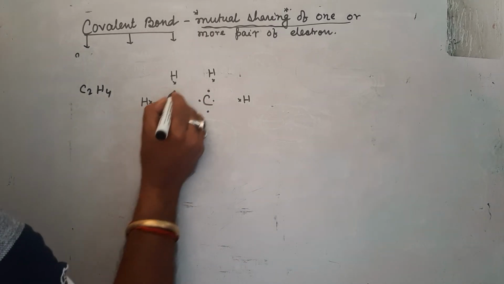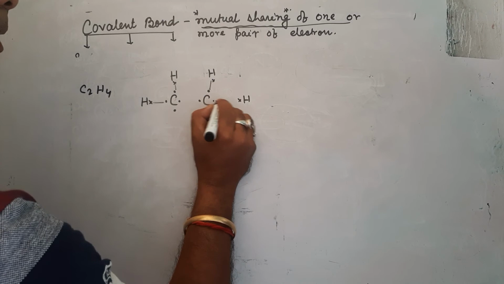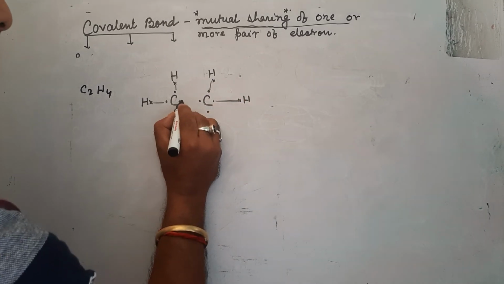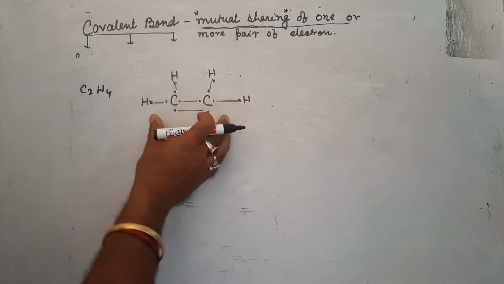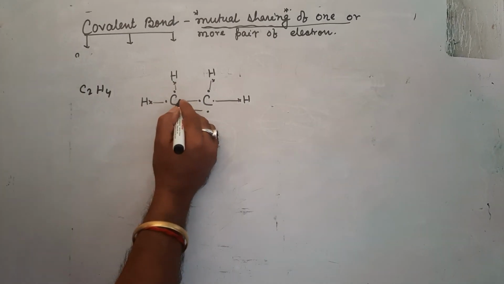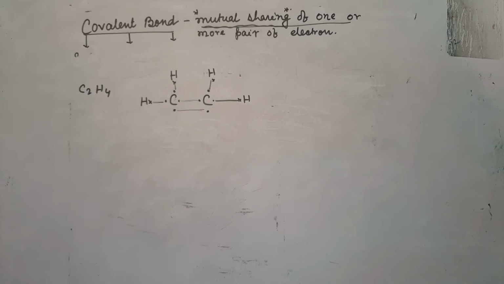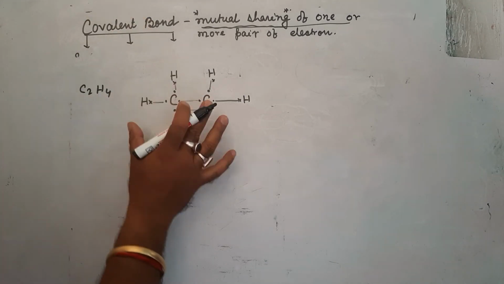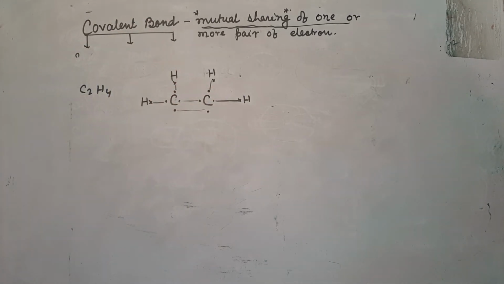Now this one shares, this one shares, this one shares, this one shares. But the two carbons share 2 electrons with each other, so that is 2 pairs, 1 pair and 1 pair. So this is a double covalent bond, C2H4.